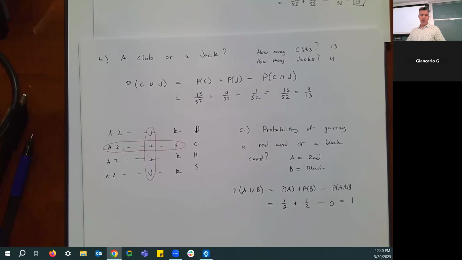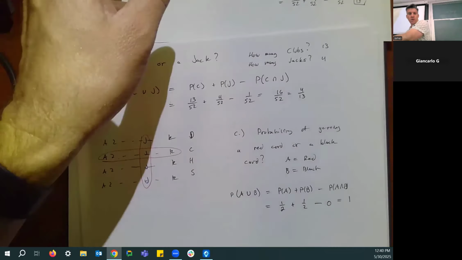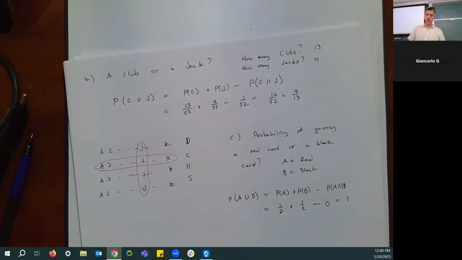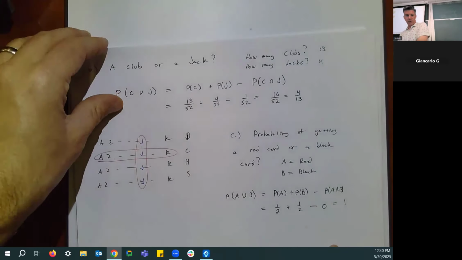Okay, let's look at two more card questions, and then we'll move on to conditional probability stuff, which is a little bit more interesting. So let's say now we're dealing with typical poker hands.